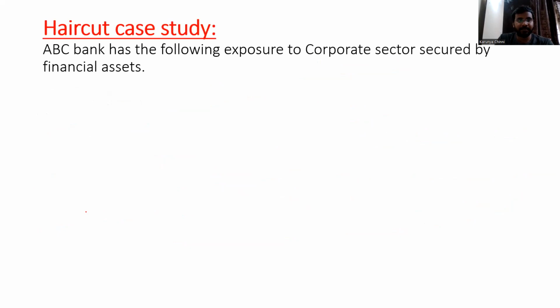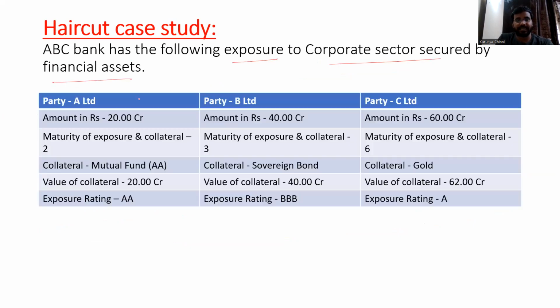Now we will see the case study. Given that ABC Bank has exposure to the corporate sector secured by financial assets. There are three parties: party A, party B, and party C. The loan amount is 20 crores for party A, 40 crores for B, and 60 crores for C. Similarly, there are the maturity of the collateral and loan, and the collateral itself: some company gave mutual fund, some sovereign bond, some gold.